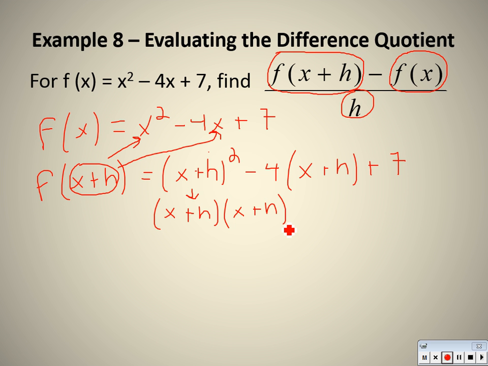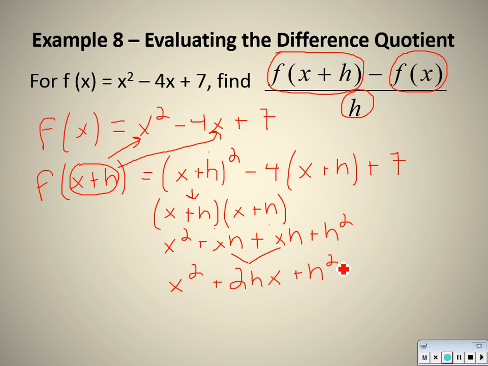So when I FOIL this, I get x squared plus xh plus xh again plus h squared. And when I combine like terms here in the middle, I'm going to get x squared plus 2xh, or 2hx, I'll put the h first there, plus h squared. So that's what I get when I just do this part here.